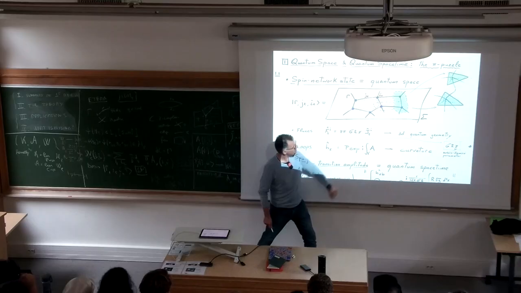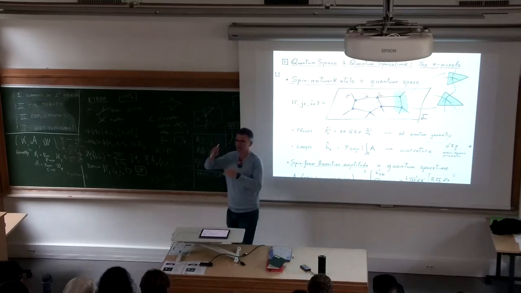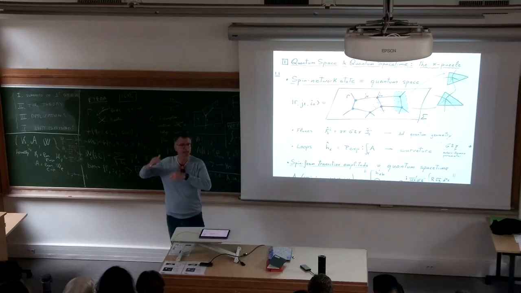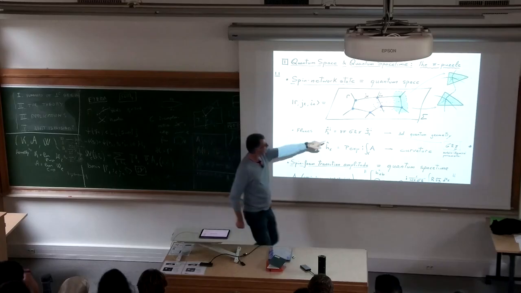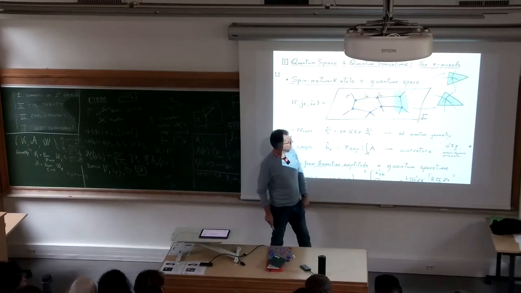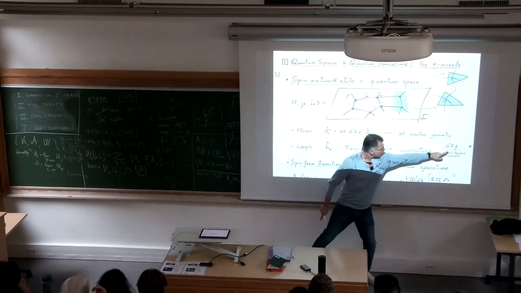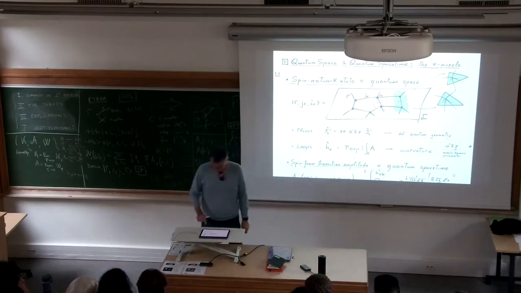G h bar gamma. We saw that the area gap, for instance, depends on G h bar gamma. The spectrum of any geometric observable depends on the right power of G h bar gamma, where gamma is the Barbero-Immirzi parameter.